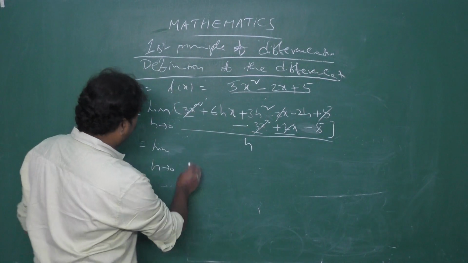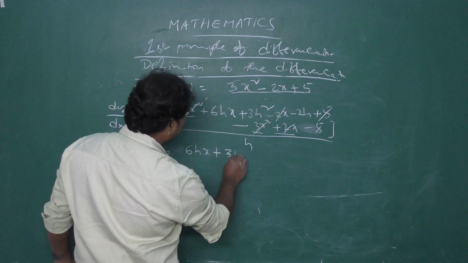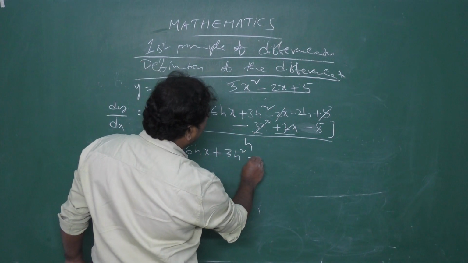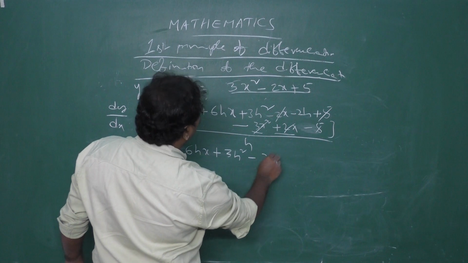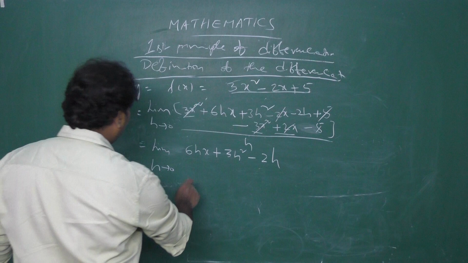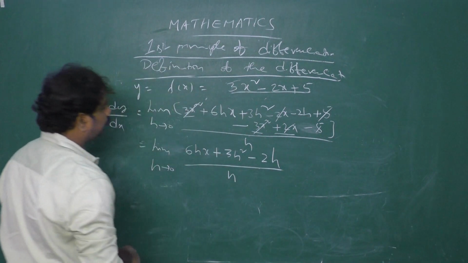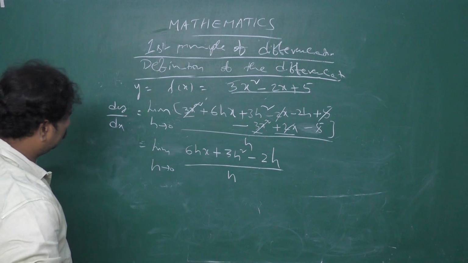Finally, we have 6hx plus 3h square minus 2h, whole by h. Right.